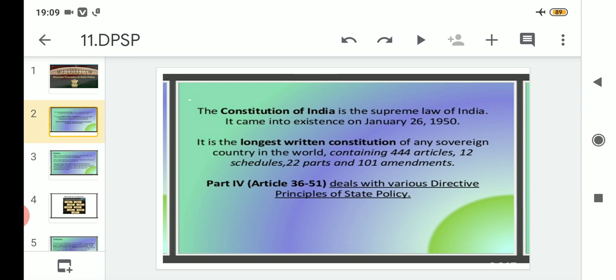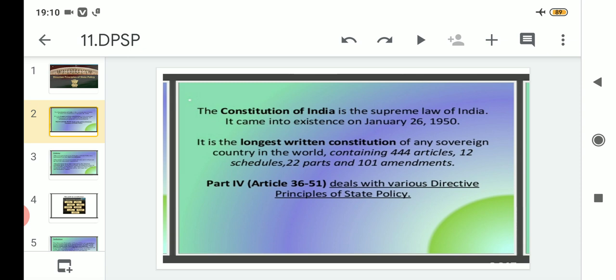One question was given in the assignment: why is the Constitution of India termed the longest written constitution? The answer was that it is the longest written constitution anywhere in the world because it contains 444 articles, under which there are 12 schedules, 22 parts and 101 amendments.